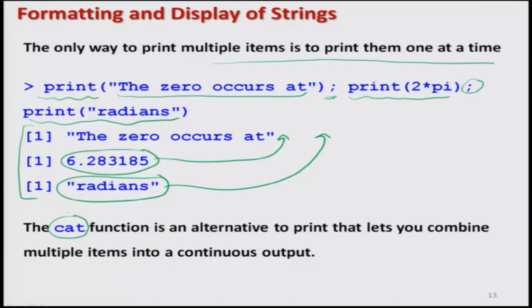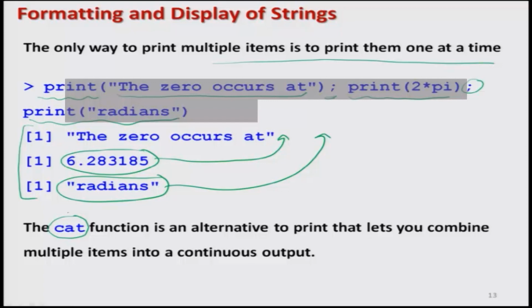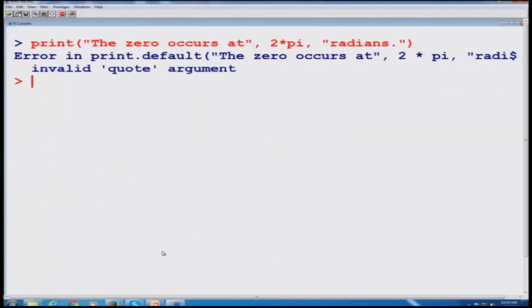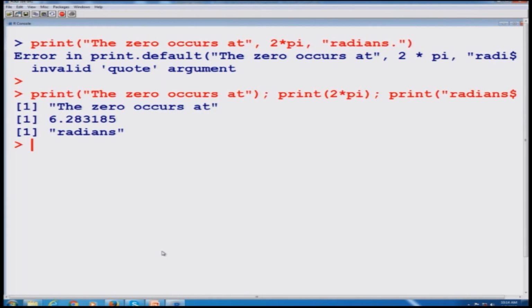If I print all the three things I wanted in a sequence, but separately, you can see it prints like this. In the first case this was giving me an error, and one thing you can see here is pi, which has a value 3.14 that we know.